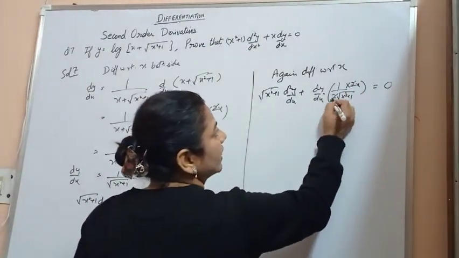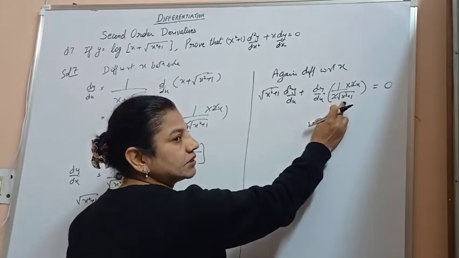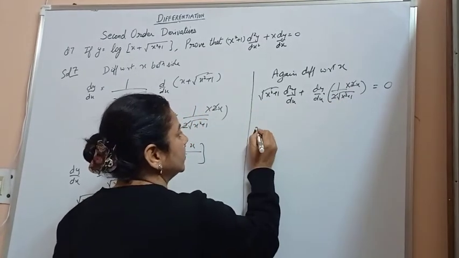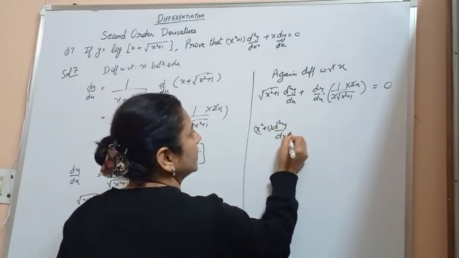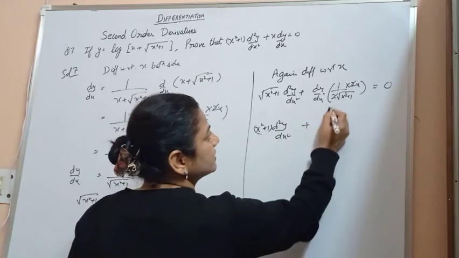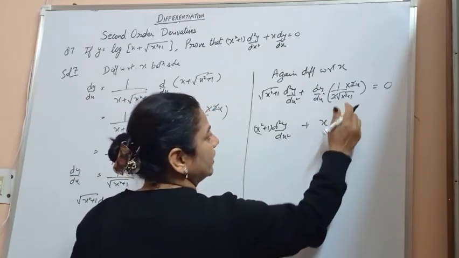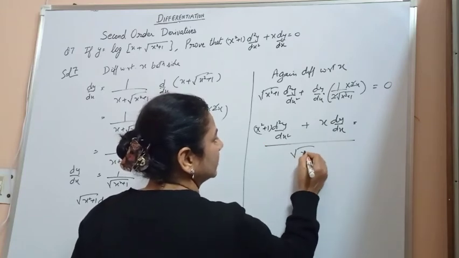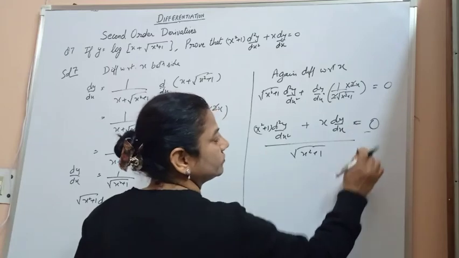So 2 cancel out. Take the LCM. Under root x square plus 1 into under root x square plus 1 gives me x square plus 1 d square y by dx square plus x times dy by dx, and this when I take the LCM I get under root x square plus 1 equals to 0.